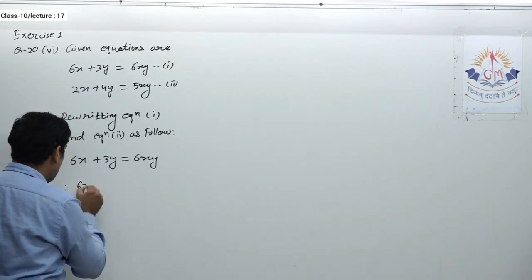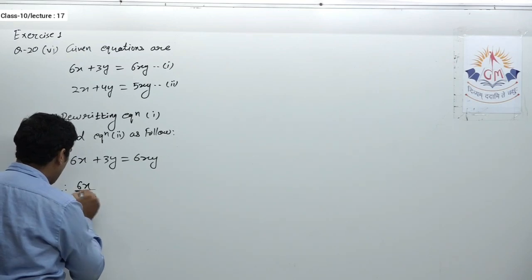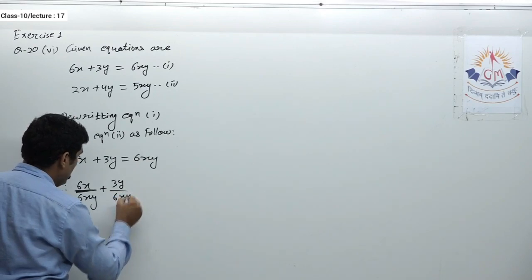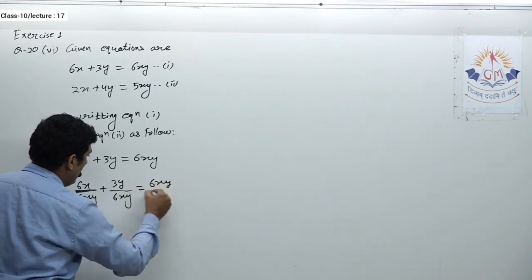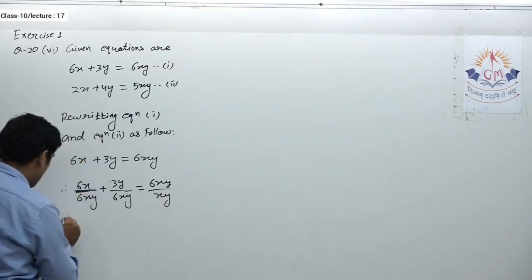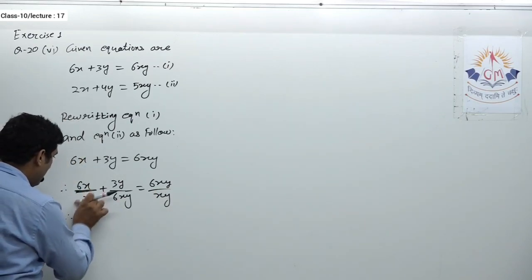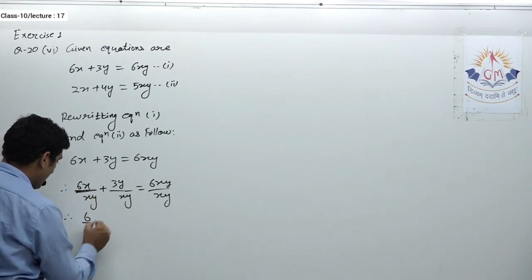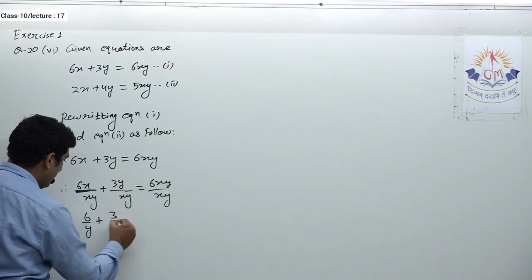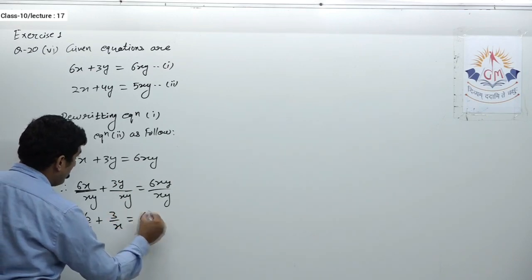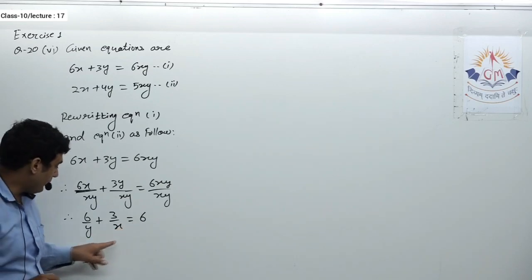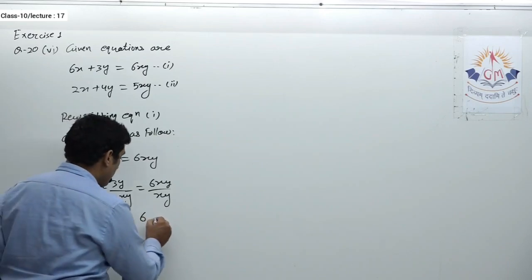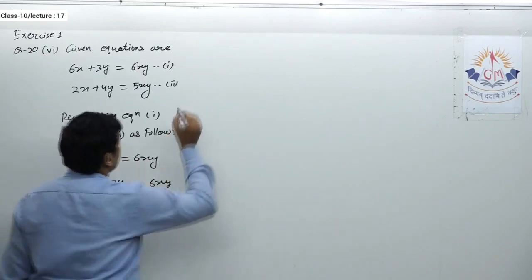So this will become 6x upon xy plus 3y upon xy is equal to 6xy upon xy. Now x and x cancel, so 6 upon y, plus y and y cancel, so 3 upon x is equal to 6. Now if you observe carefully, this is a similar equation to the one we saw in our previous sum. So let it be equation number 3.